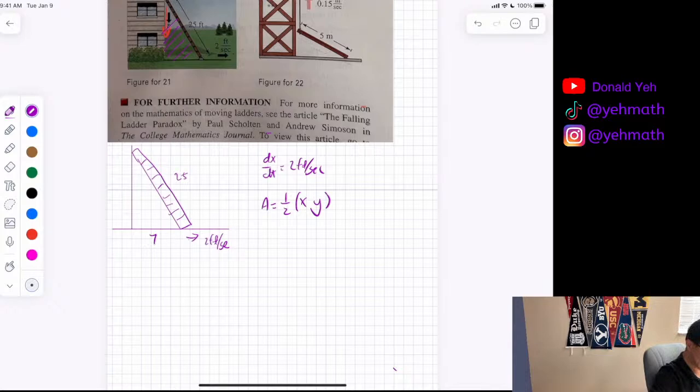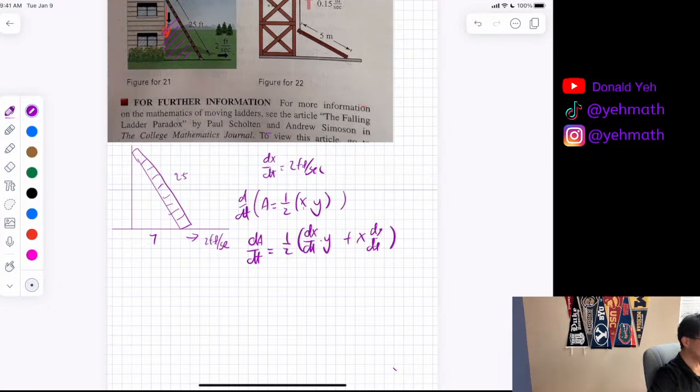Now I can take a derivative with respect to time, and I'm going to get dA dt. Do you see a product rule? Because it's x times y. With the product rule, you have to make sure you take the derivative with respect to time, so it'll be dx dt times y plus x dy dt. Is that okay?